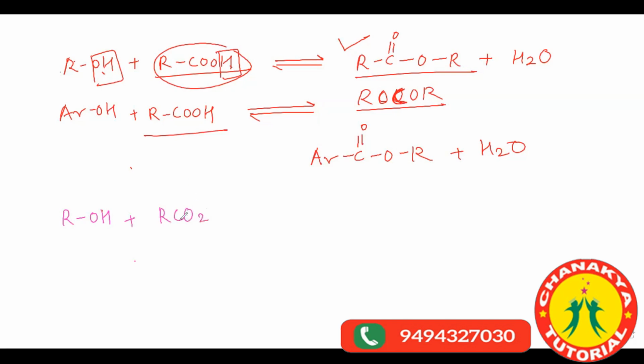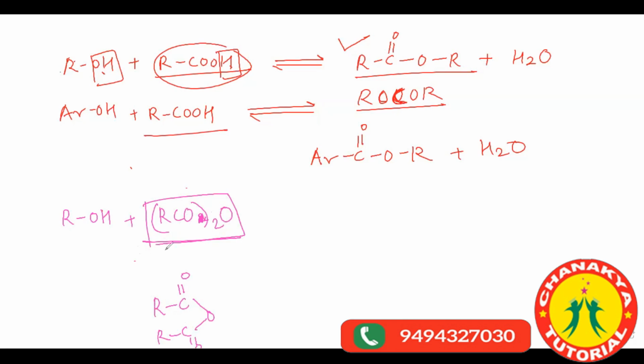(RCO)2O. What is this structure? You know, this one: R, C double bond O. This is two times R, C double bond O and one oxygen. So this is the way to write it in short form. This is acid anhydride. Clear? Yeah, ma'am.